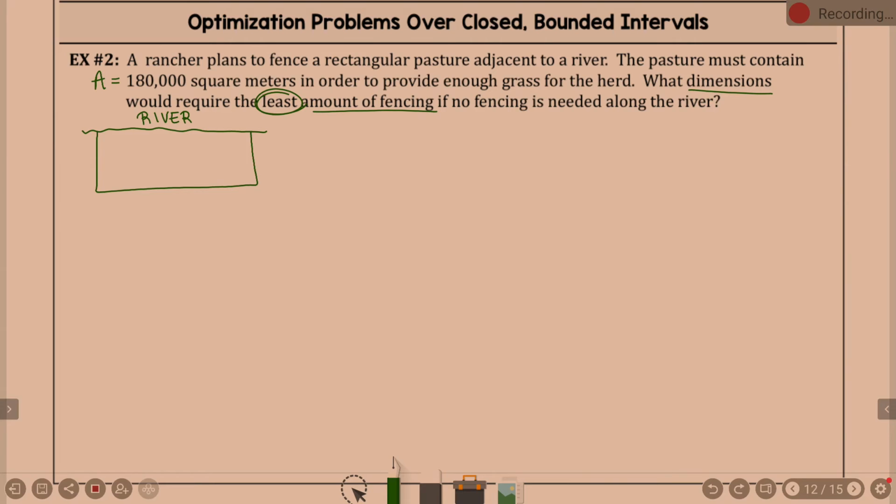I'm trying to think if we've done problems like these before, or if I'm just thinking back to calculus previously. Let's see. I know my area has to be 180,000 square meters. Just me gathering my information. I need to pick dimensions. We know we're going to have one side here and the two sides the same.